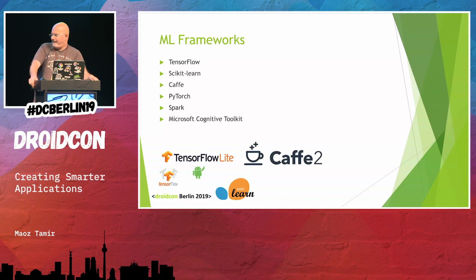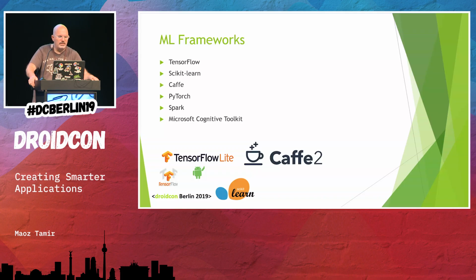Well, in this situation, we'll need to create our model ourselves. And today we have a lot of ways to create machine learning models. Most of the names I think you already know: TensorFlow, scikit-learn, Caffe and PyTorch.